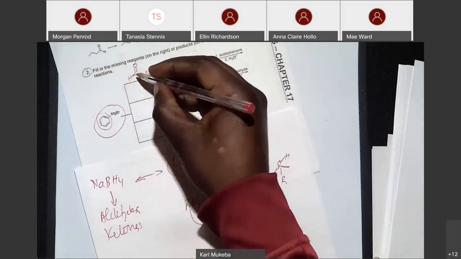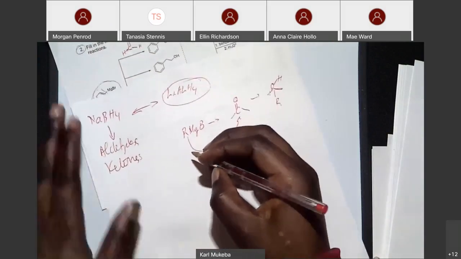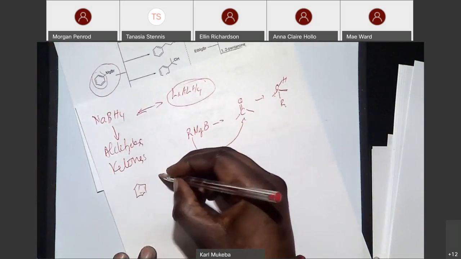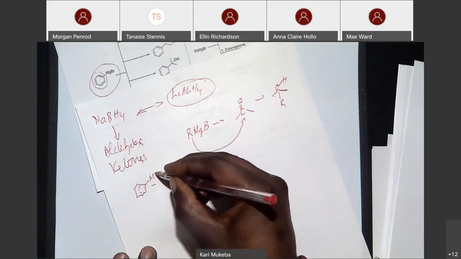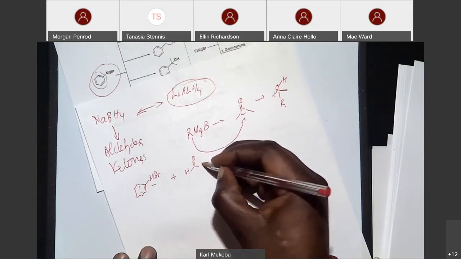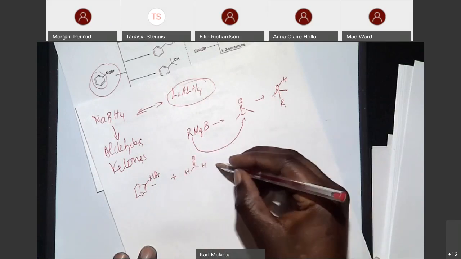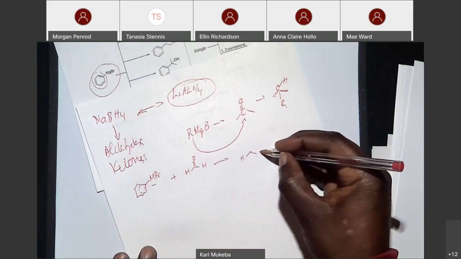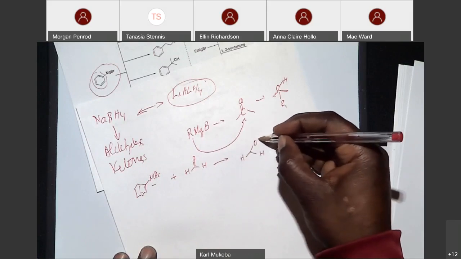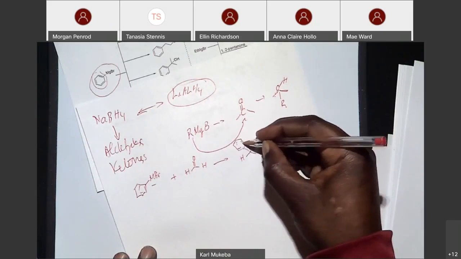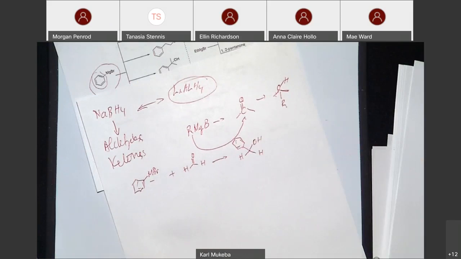Because if you are attacking this, easily you have, let's say, H here, or H. Sometimes the way of representing things can confuse you.